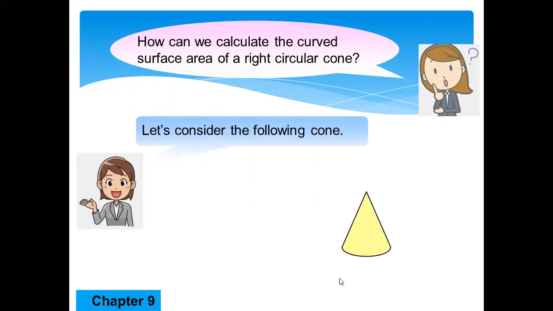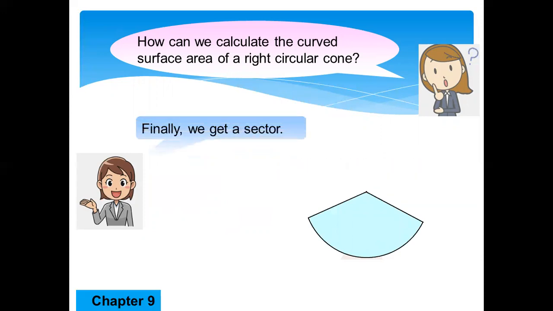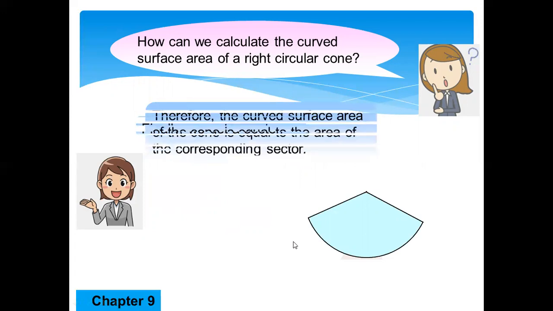Okay, let's consider this cone. Cut along the dotted line. Unfold this curved surface. So what shape do we have? Yes, it is a sector. So the curved surface area is equal to the area of this sector.